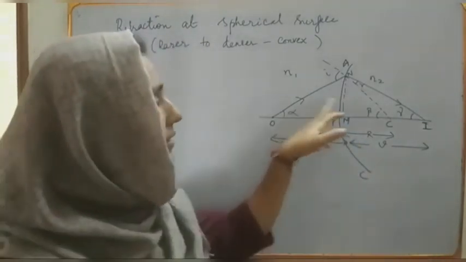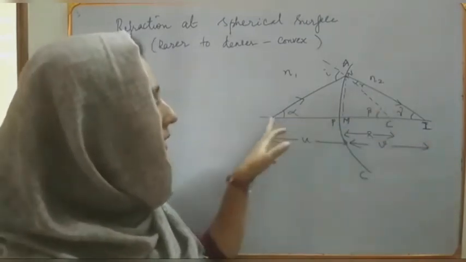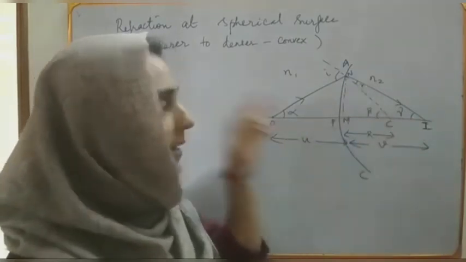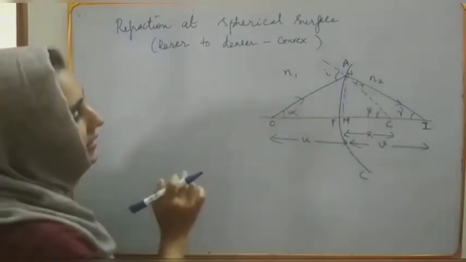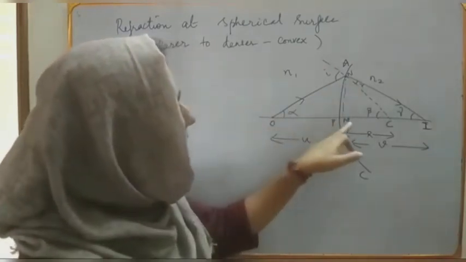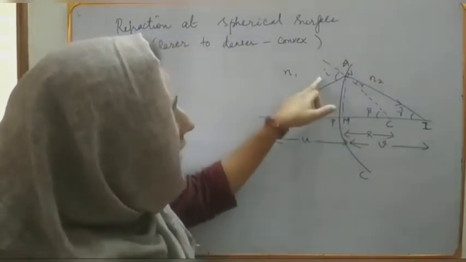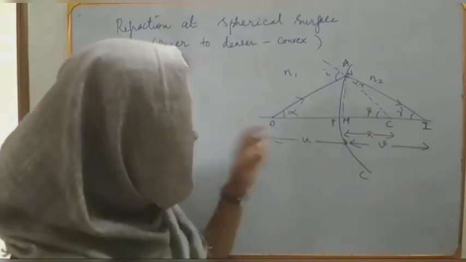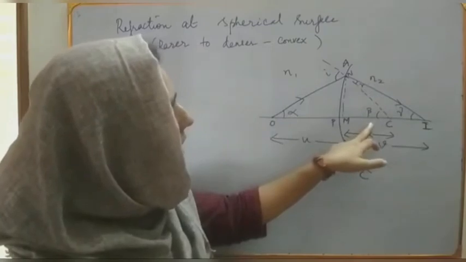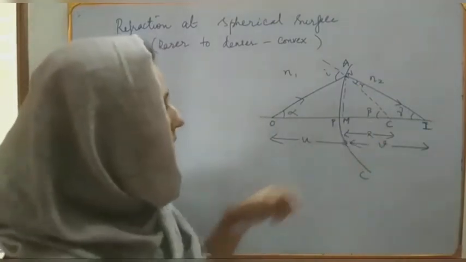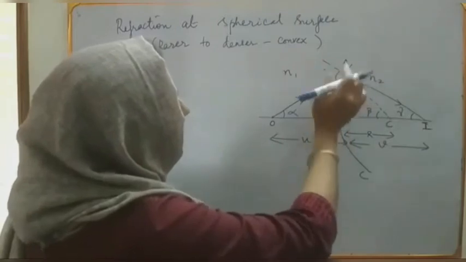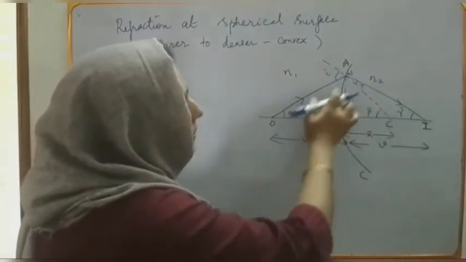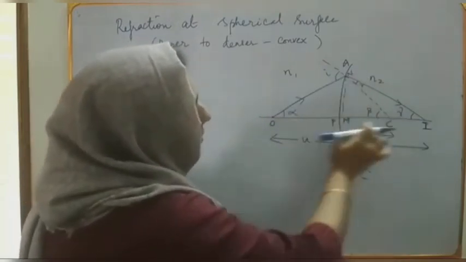First, we have marked the angles considering the right angle triangles NOM, NCM and NIM. Now, considering the right angle triangle NOM, you can see that angle I is the exterior angle and alpha and beta are the interior angles. When you consider the triangles NOM and NCM, you can combine them and make the big triangle NOC.